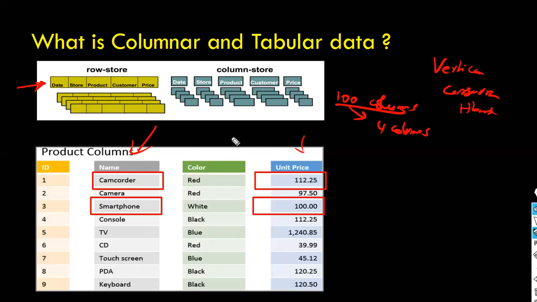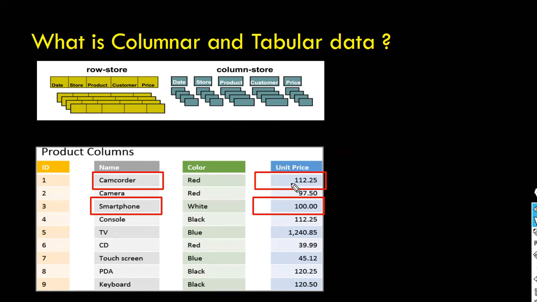Usually in analytics, we don't use so many columns from the data set. For example, if you want to retrieve the name and the corresponding unit price for camcorder and smartphone alone, since you store the columns separately, the performance is pretty fast.